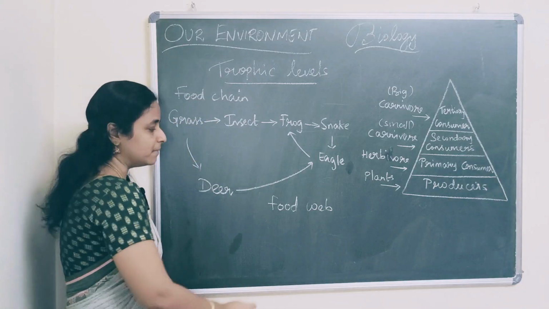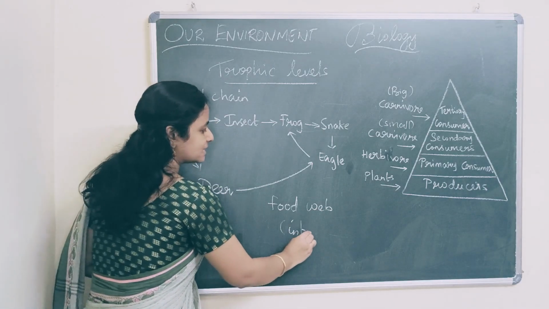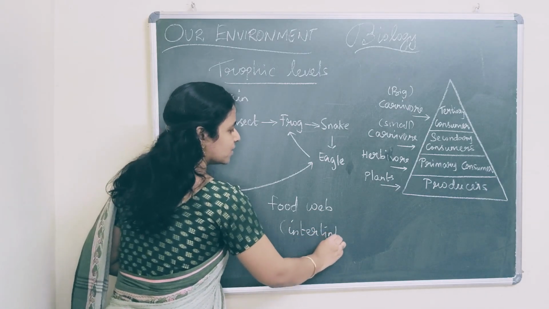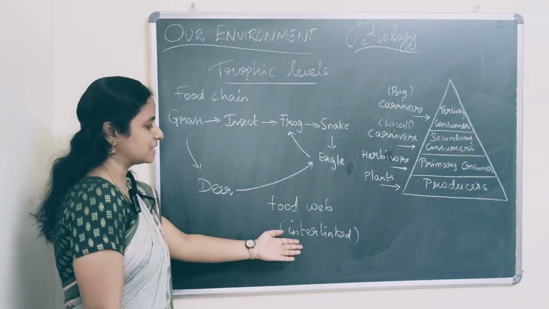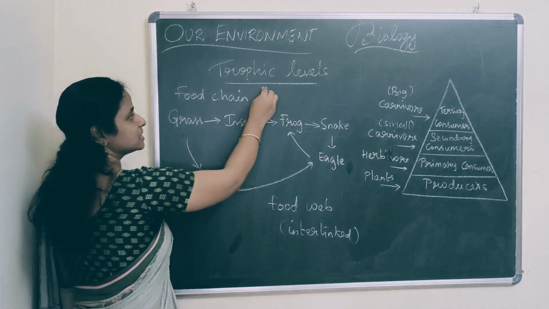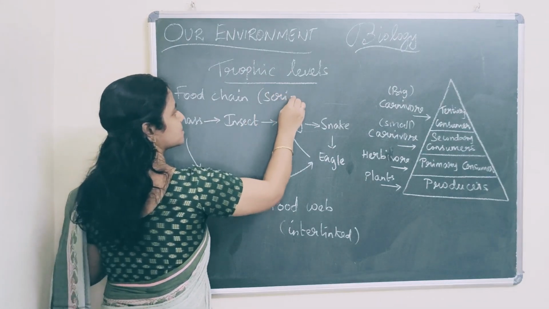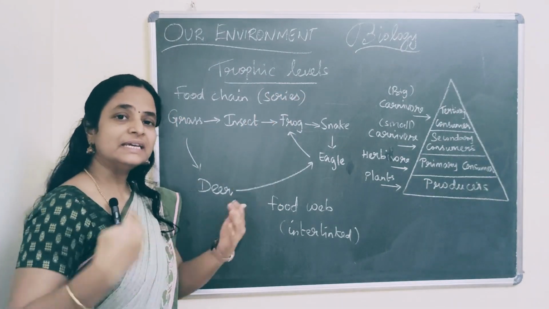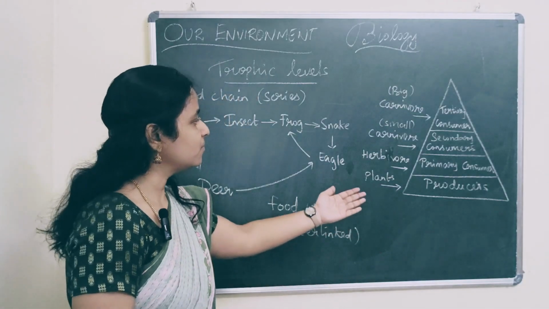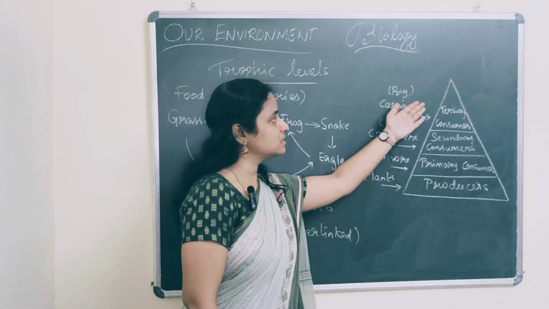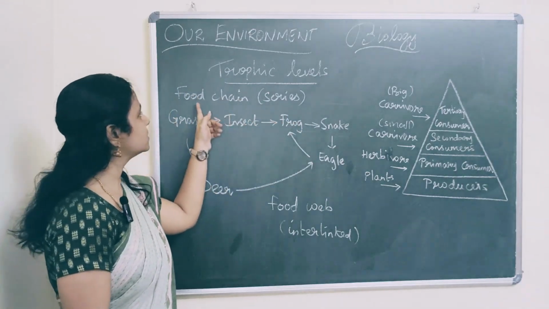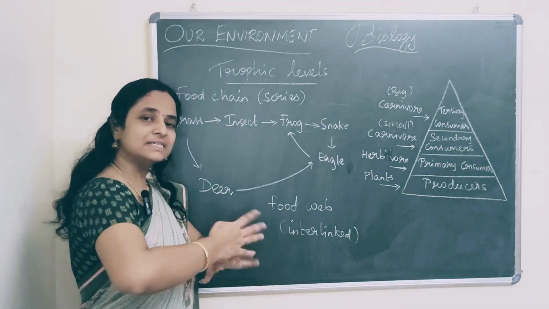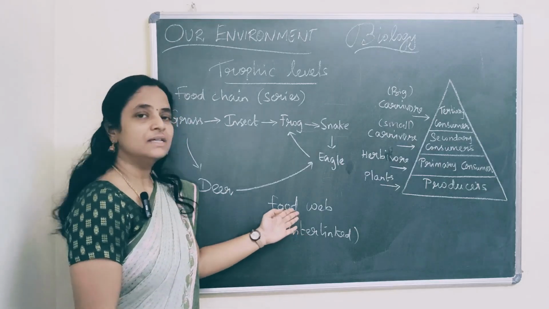So food webs are interlinked interactions. You cannot find them continuous, straight or unidirectional. They are interlinked, whereas a food chain forms a series. So if the energy transfer from one trophic level to the other takes place in series, you call it a food chain, and if it is interlinked, you call it the food web.